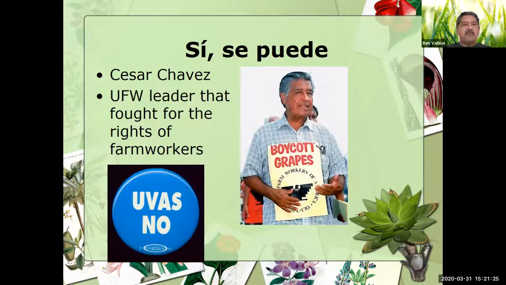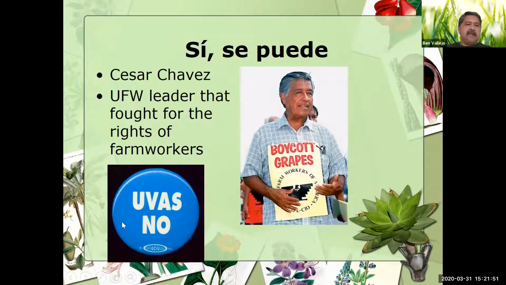If you'll recall, Cesar Chavez and his calls, "Si se puede," was a United Farm Worker leader that fought for the rights of farm workers. If you recall, he marched over 300 miles from Delano in central California all the way up to the Capitol to give publicity to the plight of the farm workers.